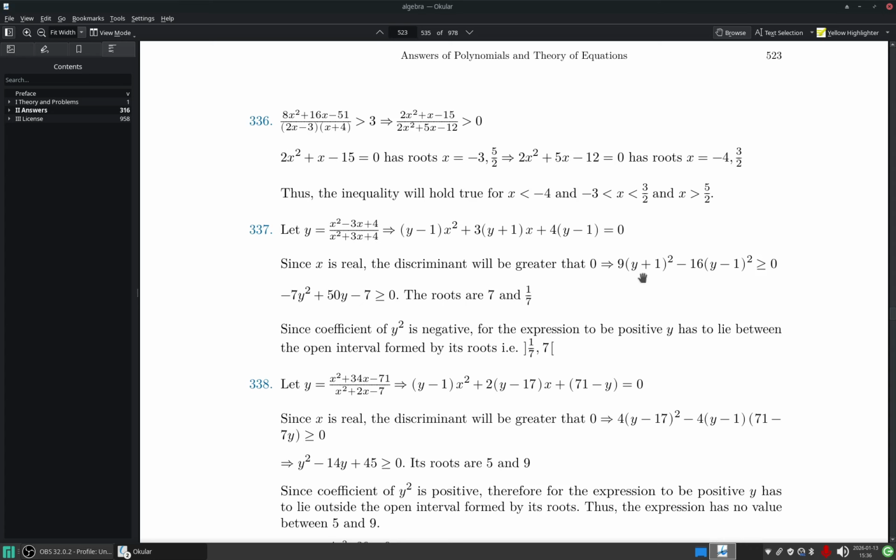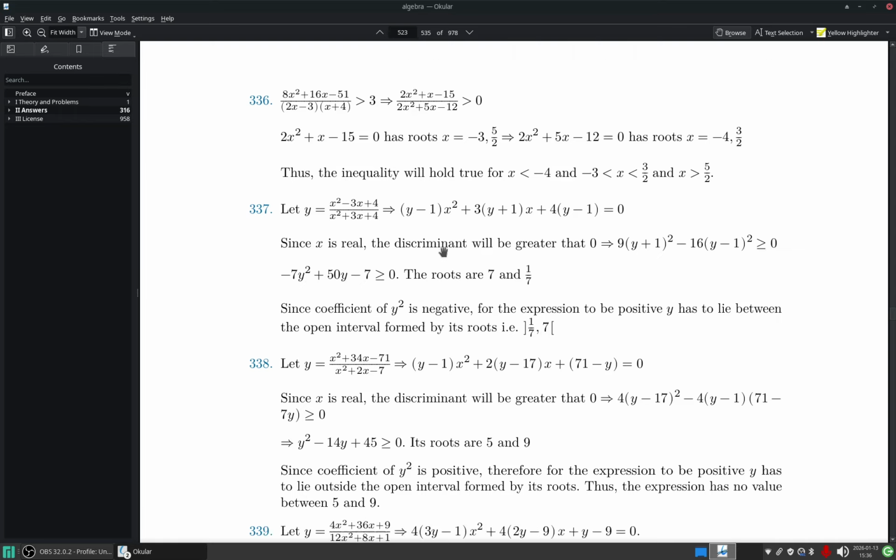We get the discriminant as 9 into (y plus 1) whole square minus 16 (y minus 1) whole square greater than or equal to 0, which gives us minus 7y square plus 50y minus 7 greater than 0. And the roots of this expression or the equivalent equation are 7 and 1 by 7. Now the coefficient is negative, so the expression has to lie inside the interval 1 by 7 and 7.